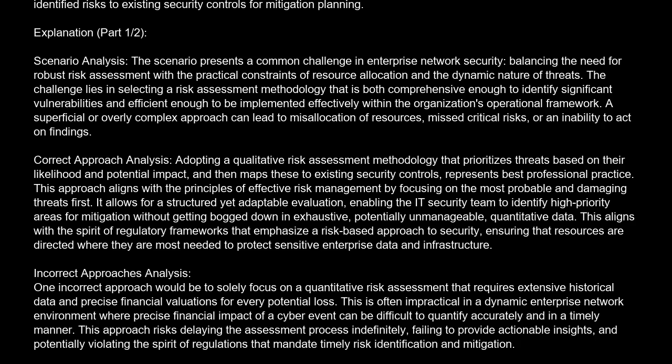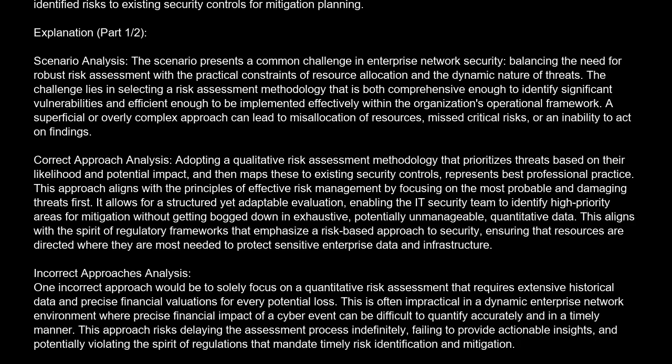It allows for a structured yet adaptable evaluation, enabling the IT security team to identify high-priority areas for mitigation without getting bogged down in exhaustive, potentially unmanageable, quantitative data. This aligns with the spirit of regulatory frameworks that emphasize a risk-based approach to security, ensuring that resources are directed where they are most needed to protect sensitive enterprise data and infrastructure.